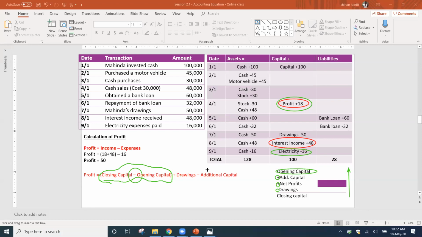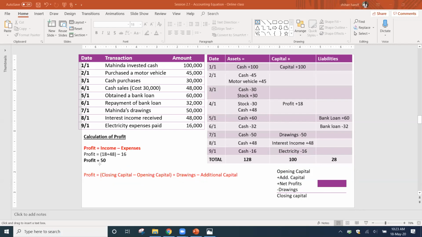Additional capital is minus because it was plus. Net profit only we will calculate. Drawings was plus because it was minus here, because we are going from down to up. Okay, so that is how we derive the profit equation.